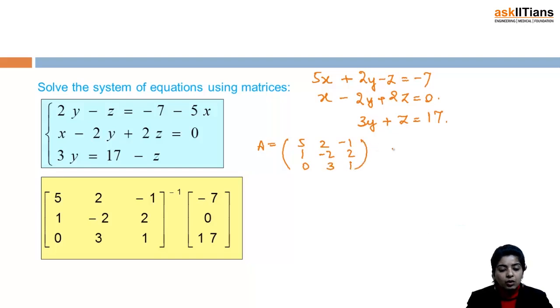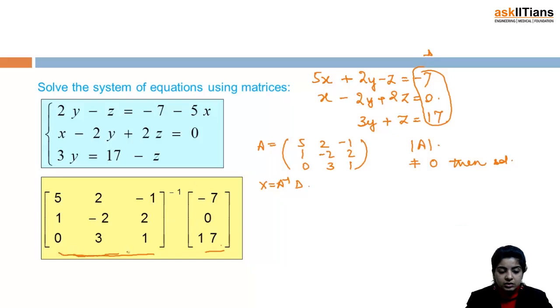Now compute the determinant of A. If it comes out to be non-zero, then there is a unique solution, and the solution is x equal to A inverse D. So this is my A inverse, and my D is minus 7, 0, 17. You can see here the constant terms. This is my D. So x equals A inverse D. Now find this inverse and multiply it by this to get the answer.